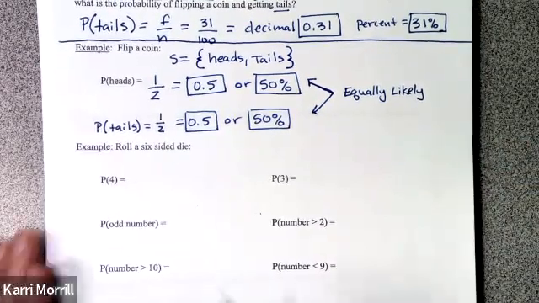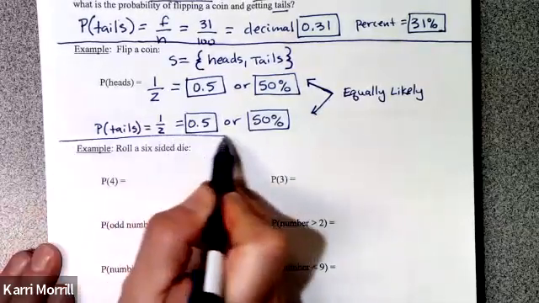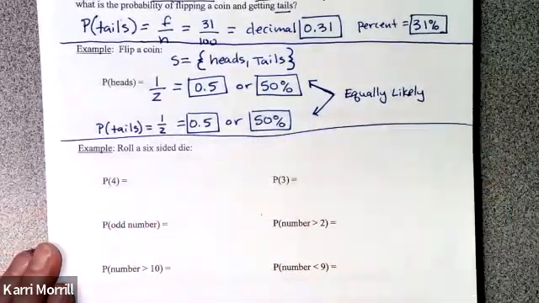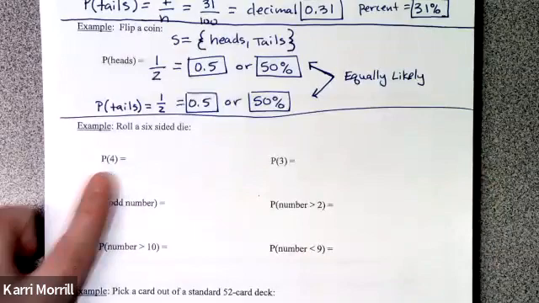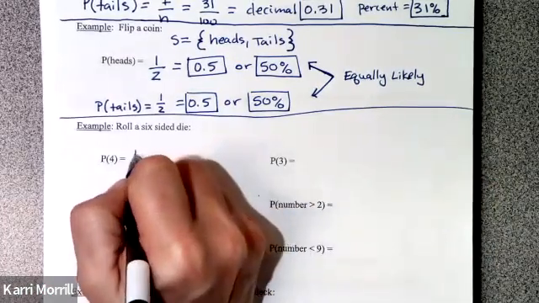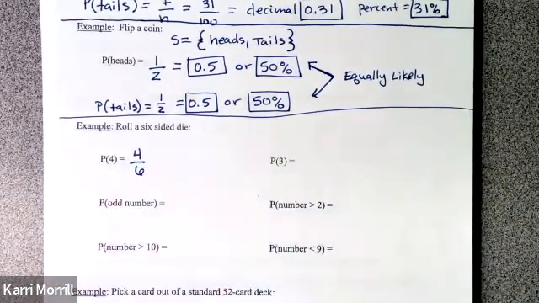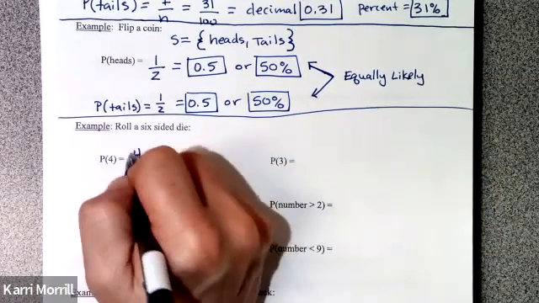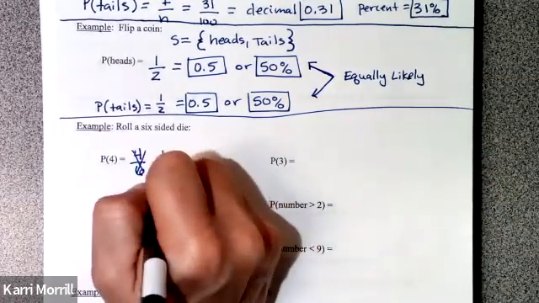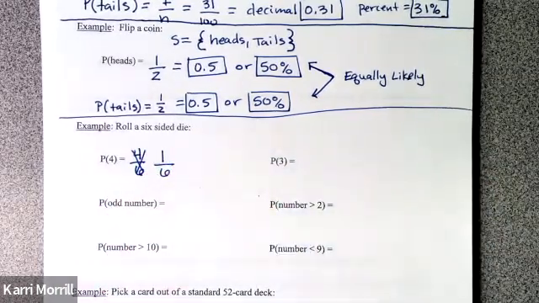So now we're going to roll a 6-sided die. The probability of getting a 4. So I know there's only 1 4 out of 6 sides. I just wrote the number 4 while I said 1. So there's only 1 4 out of 6 sides, right?